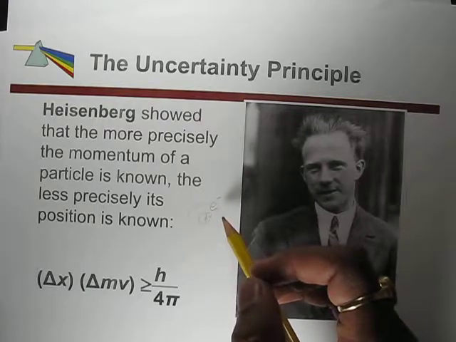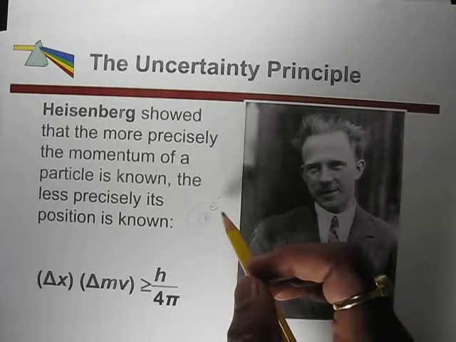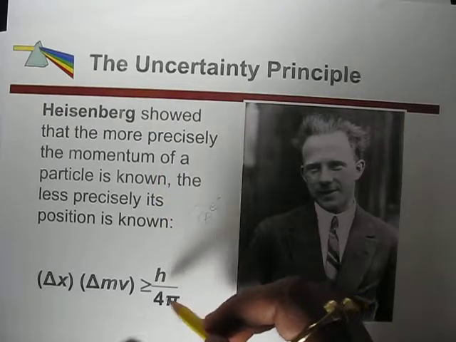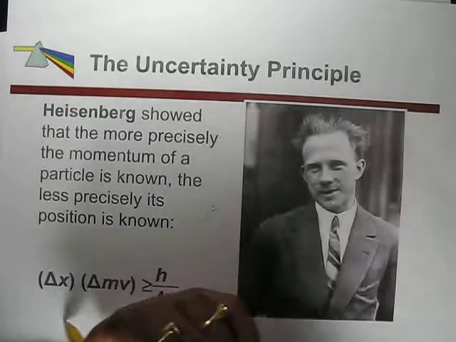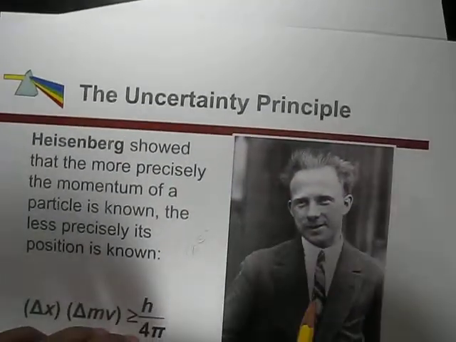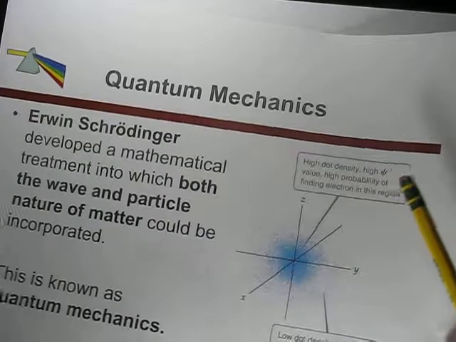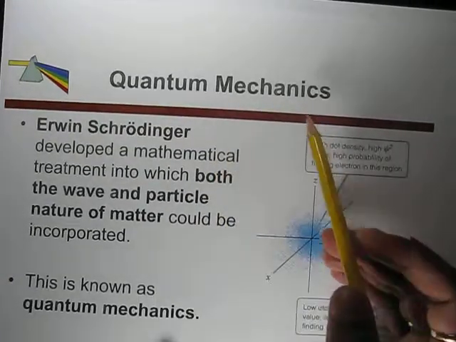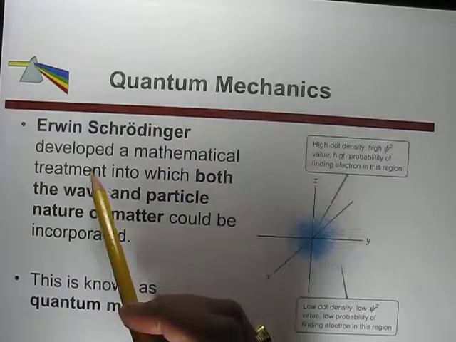It can be at any place at a given moment, and he established this equation, which is called the uncertainty principle. And from here quantum mechanics came.